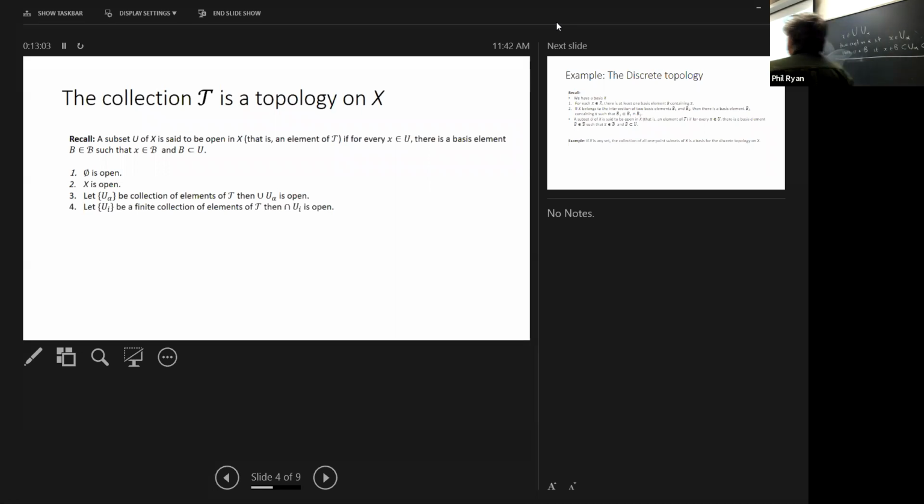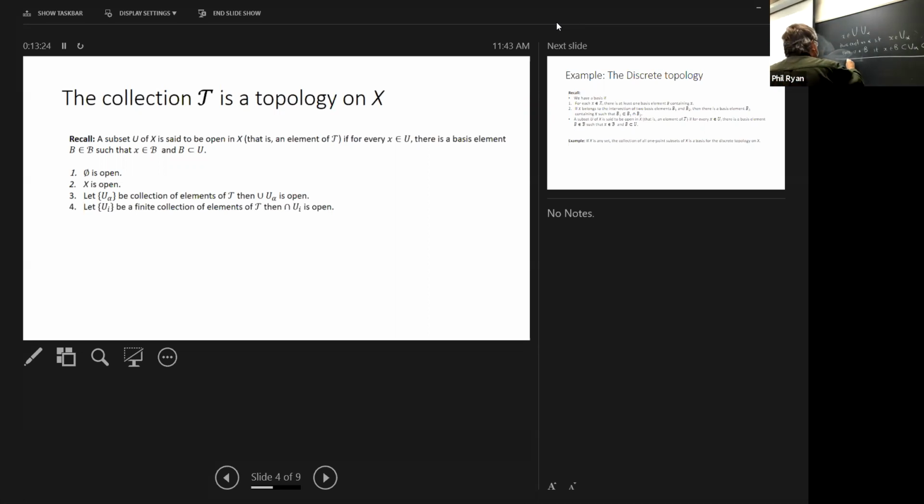Lastly, we have to show that finite intersections of open sets are open. So what we'll do then is induction. Let's have a look at the case n equals 2.